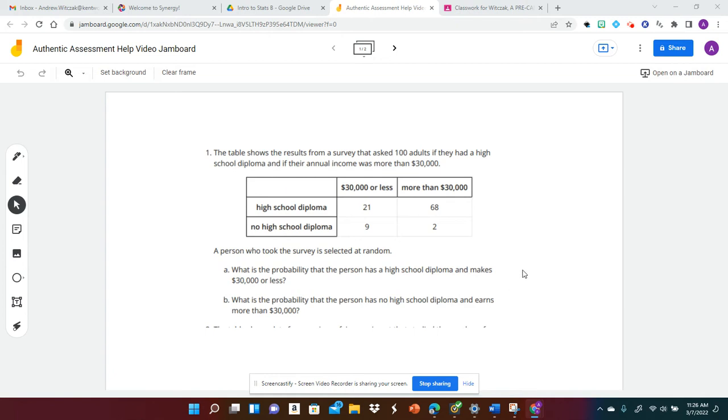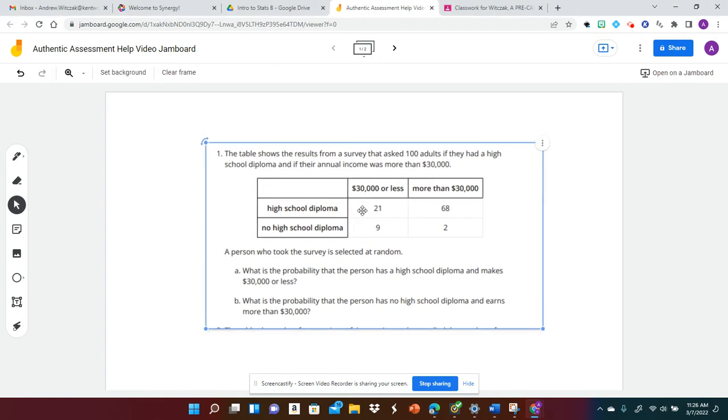So we need to look out here and find how many people have a high school diploma and make $30,000 or less. So this is going to equal 21 people.